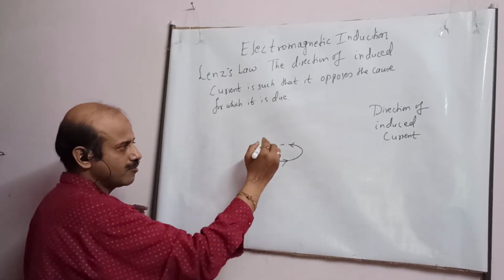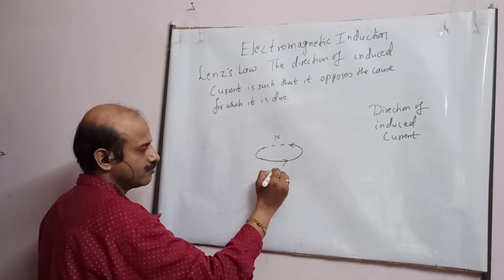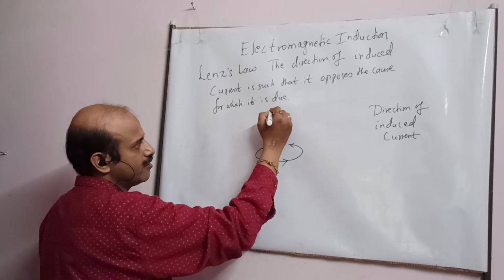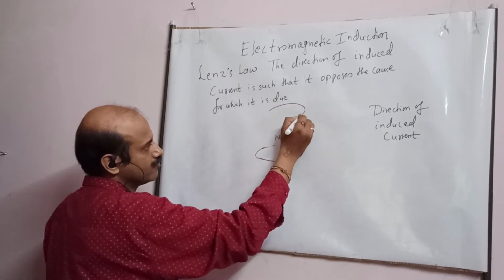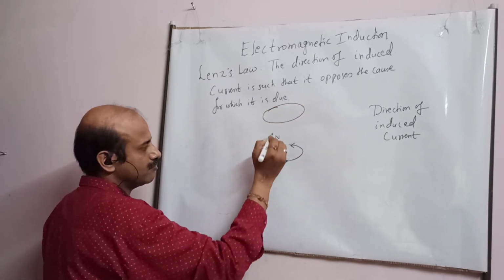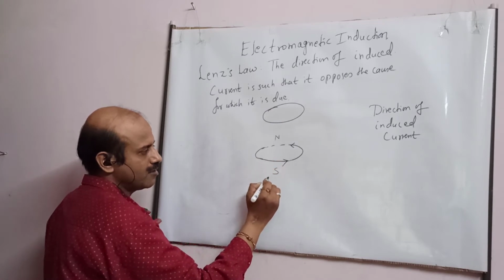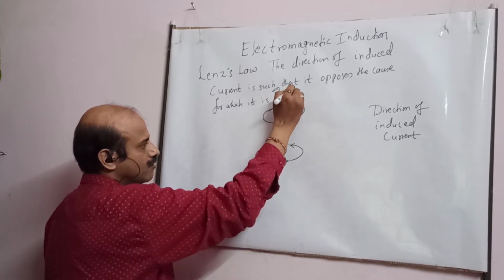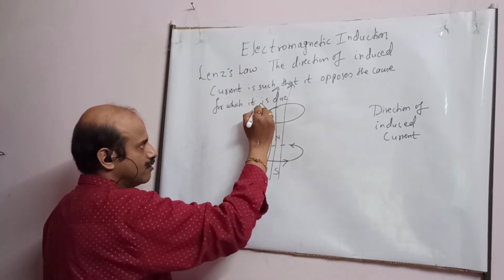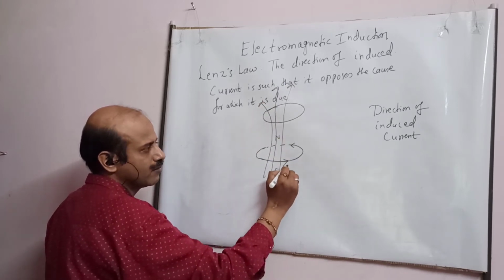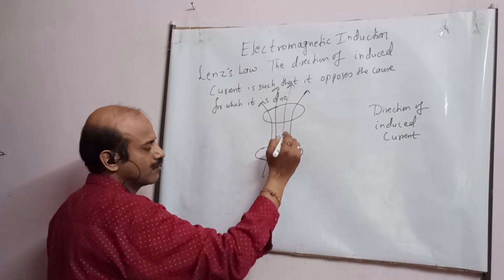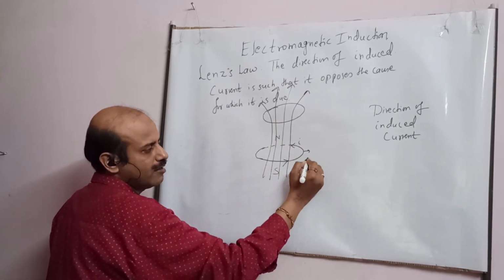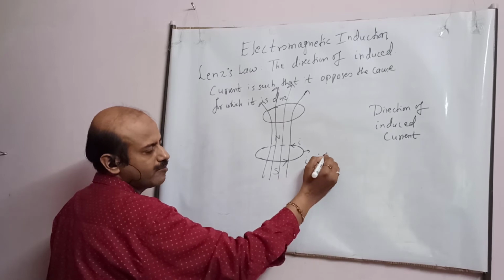So this is the north pole. Now if I place a loop here, see how the magnetic field crosses. And this is the current, student. This current is increasing with time.